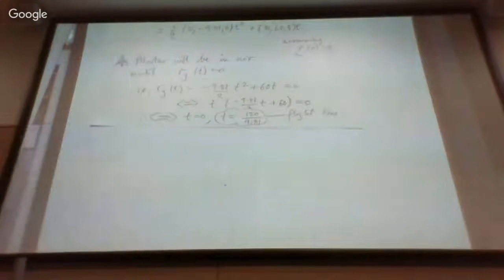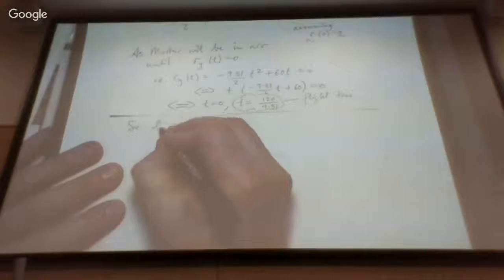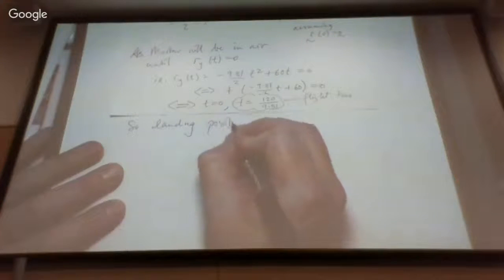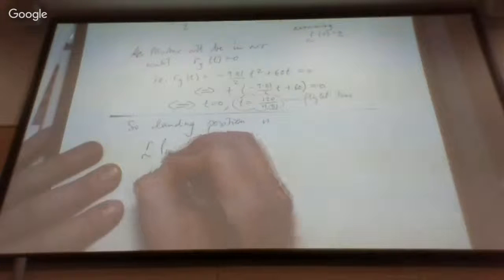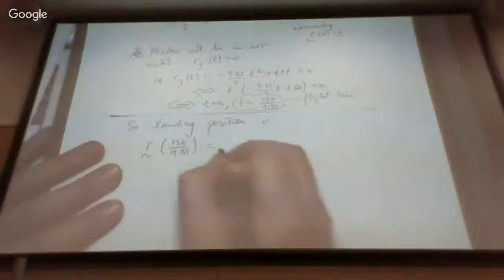So we can get the position where it lands then. The landing position is r at this time value. So it's r at 120 over 9.81.